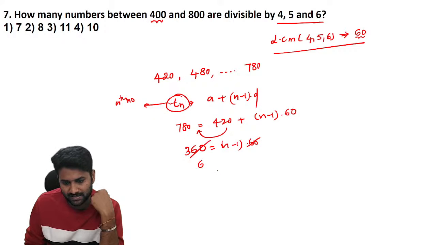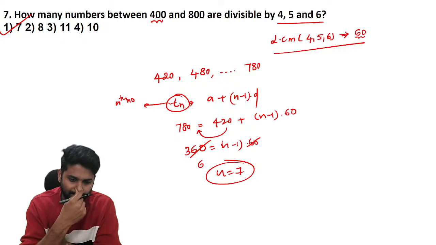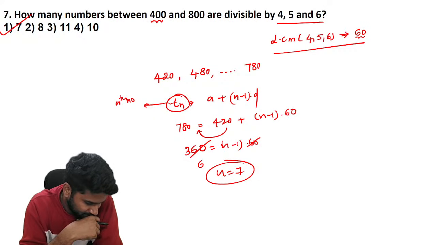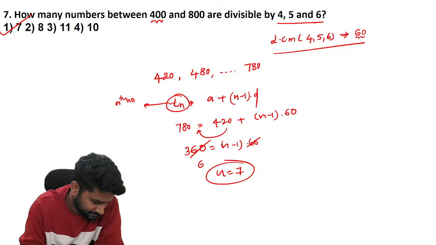This is exactly 6 times, so n must be 7. Clear? It's all about the progressions concept, guys.